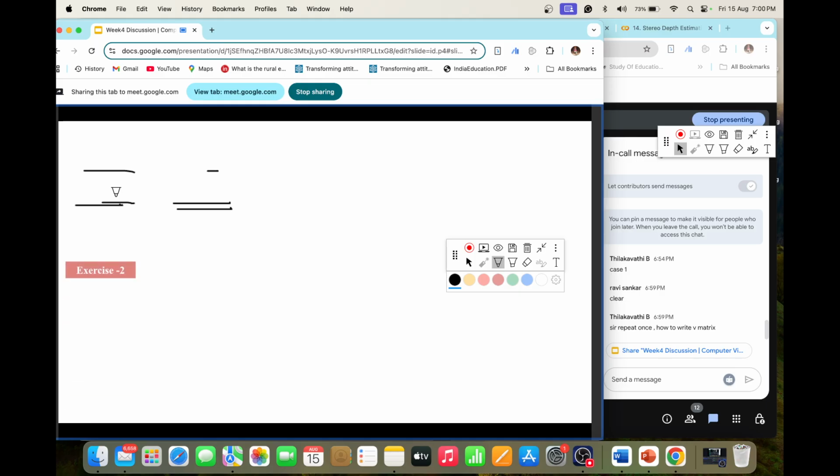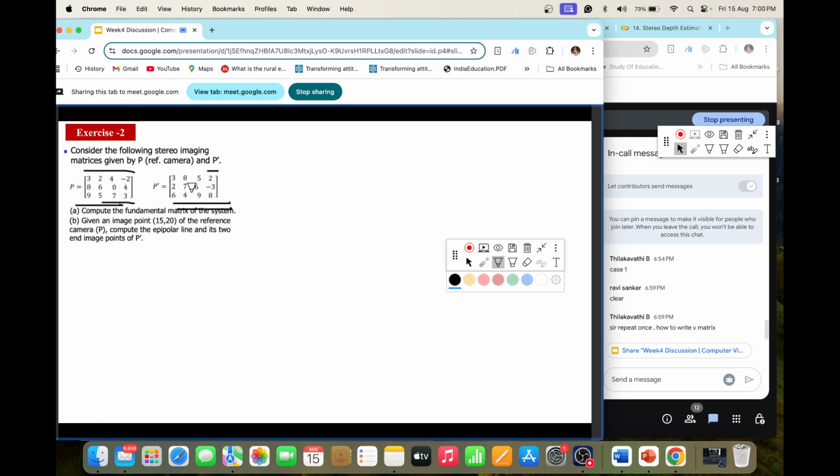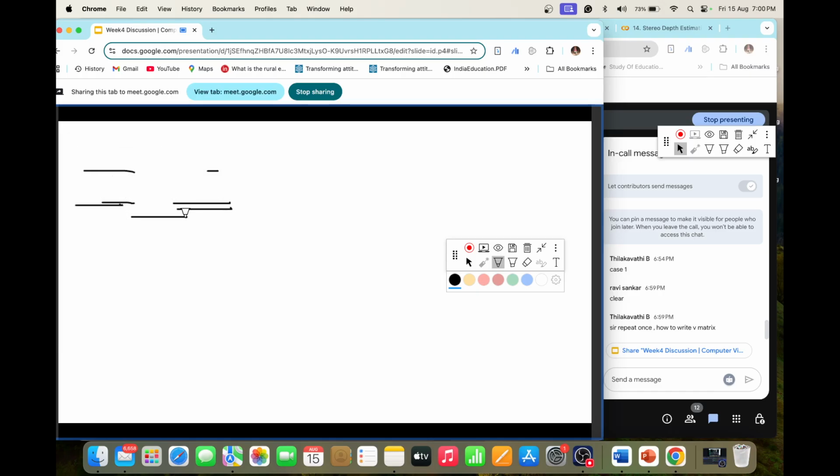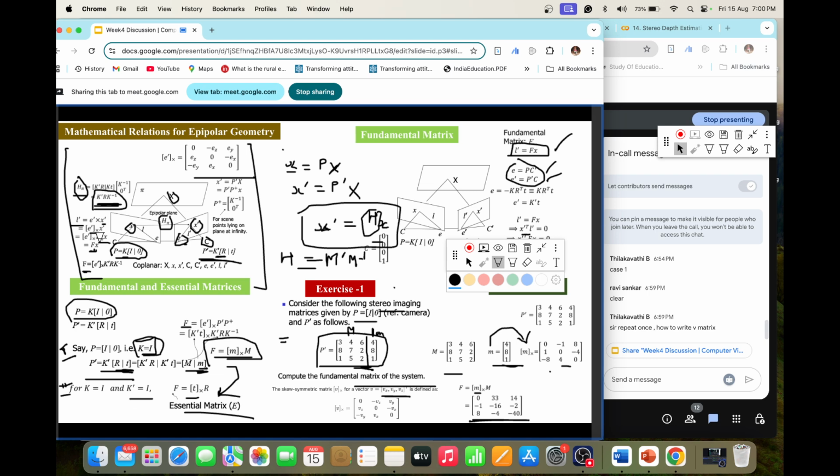So that we can do. Then we have to compute the fundamental matrix. How can we compute the fundamental matrix? It is very easy. That will be E dash cross H pi. Once we get the H pi or H, we can just multiply it with E dash, and we can get our fundamental matrix, that is F.